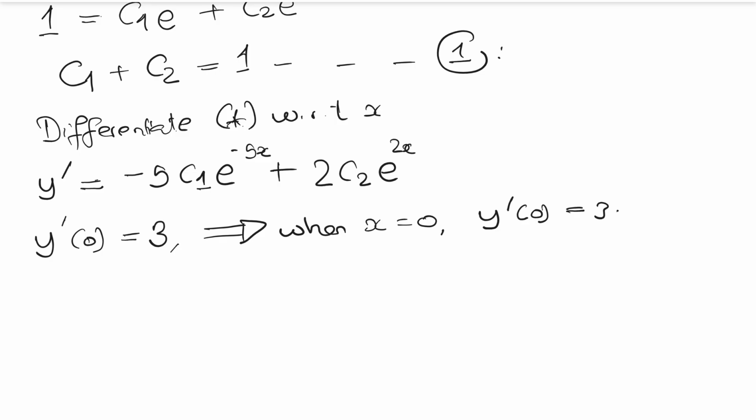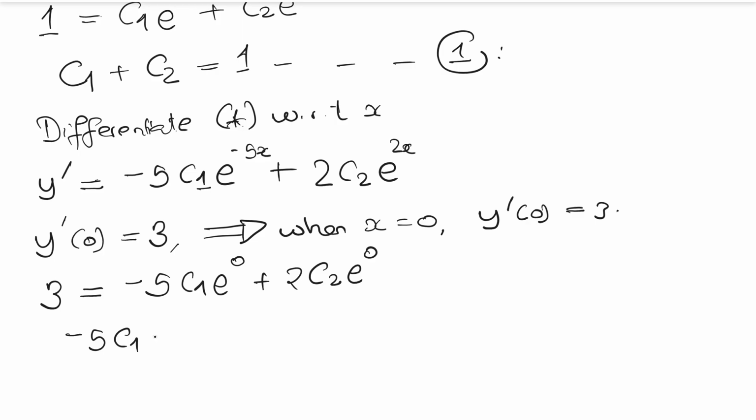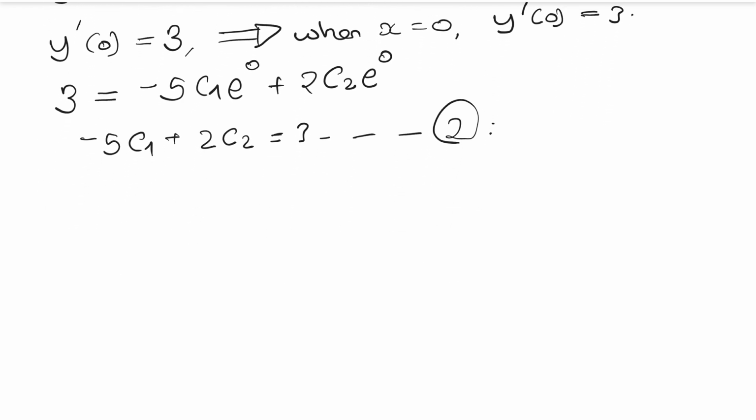So putting the values into the equation, 3 is equal to minus 5 c1 e to the power 0 plus 2 c2 e to the power 0. So the equation is minus 5 c1 plus 2 c2 is equal to 3. This is equation 2. So we solve equation 1 and equation 2 simultaneously.